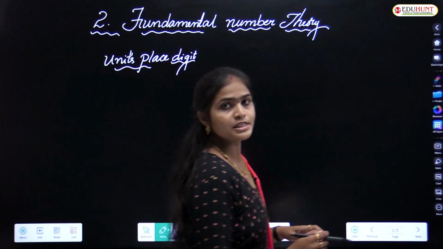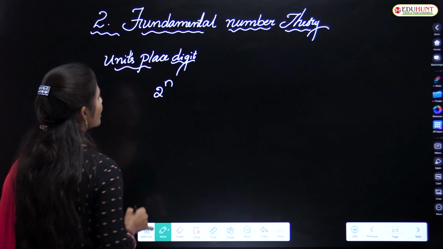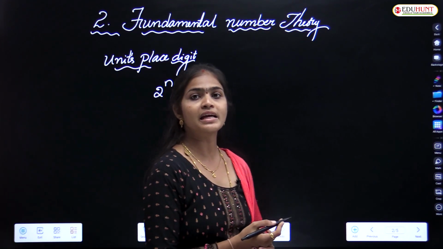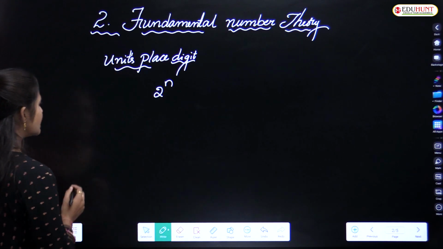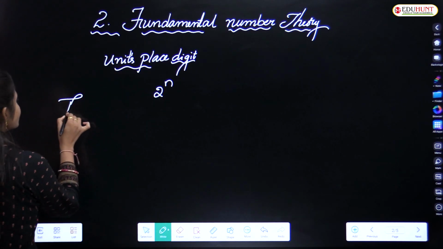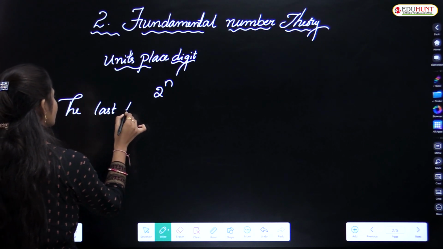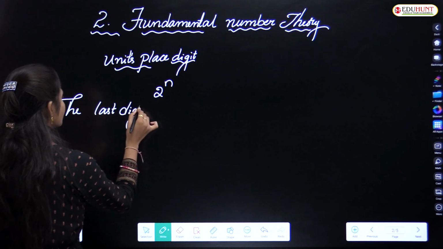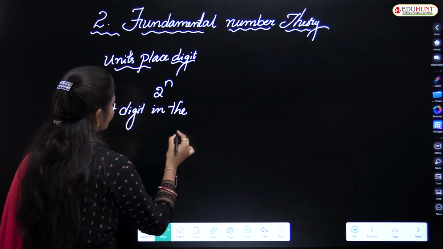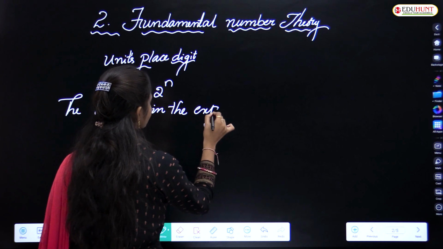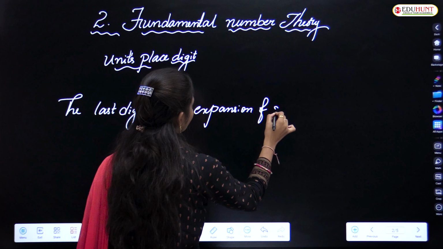Okay, that's why here we will discuss: if the number is in the form of 2 power n, then what is the units place digit? Then the last digit in the expansion of 2 power n.